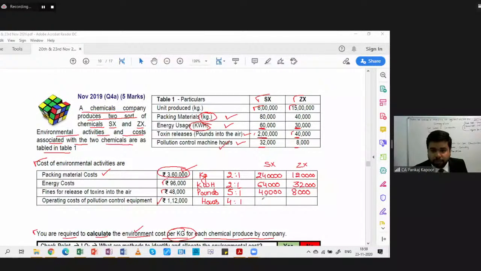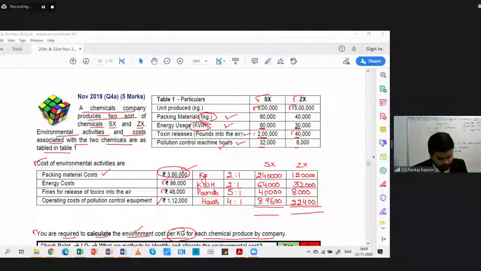So the cost will be 1,12,000 into ratio of 4:1. 89,600 and 22,400. Can you tell how much total cost we incurred for X in relation to environment?